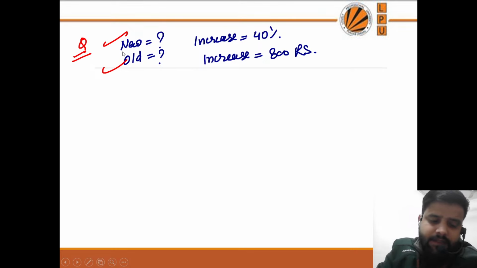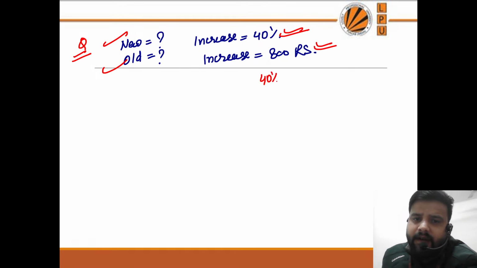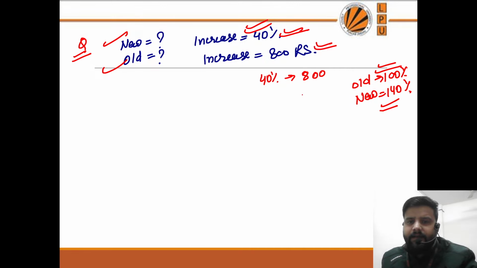Okay, for this question, the unitary method is the best one because you are already given 40%, and in terms of rupees it is 800. So you will compare this 40% with 800. And we always know that old is always 100%. Since there is an increase of 40%, the new value would be 140%. So you have to calculate the value for 100% as well as 140%. Getting it?